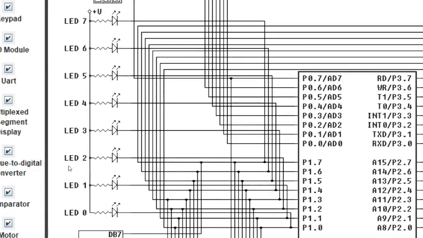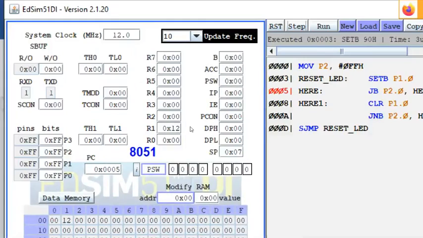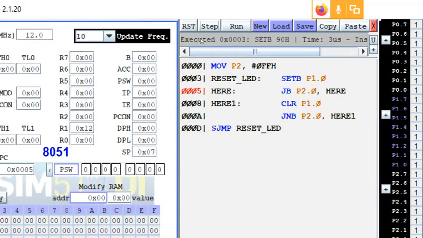So both P and N are at high voltage, so definitely LED 0 will be off. So by default, we started the program and made the LED at port 1.0 low. Then after that, we are saying jump if bit 2.0 is activated. Okay, if it is high, remain here.